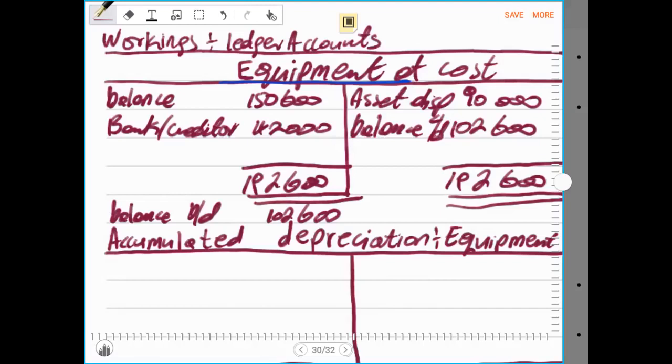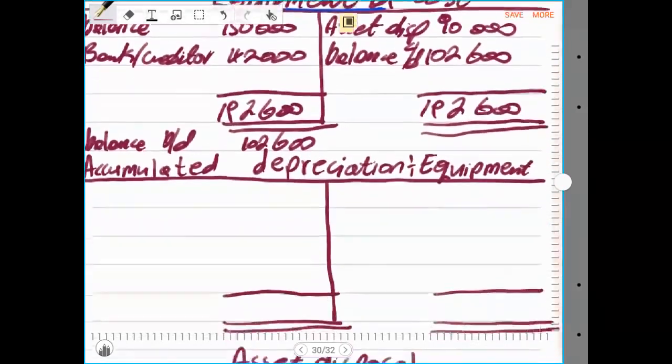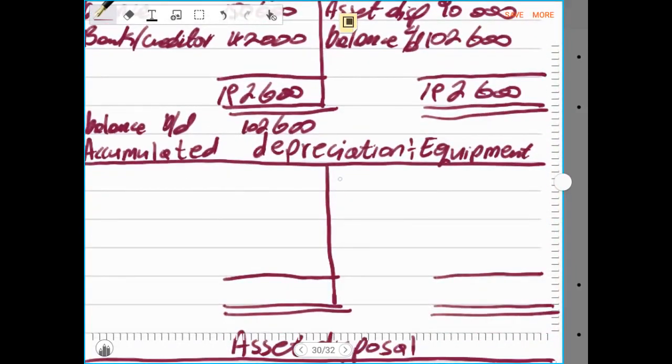Therefore, now we have to come to the accumulated depreciation for the disposed asset, being equipment, starting with the balance on the credit side. The balance is always on the credit side.